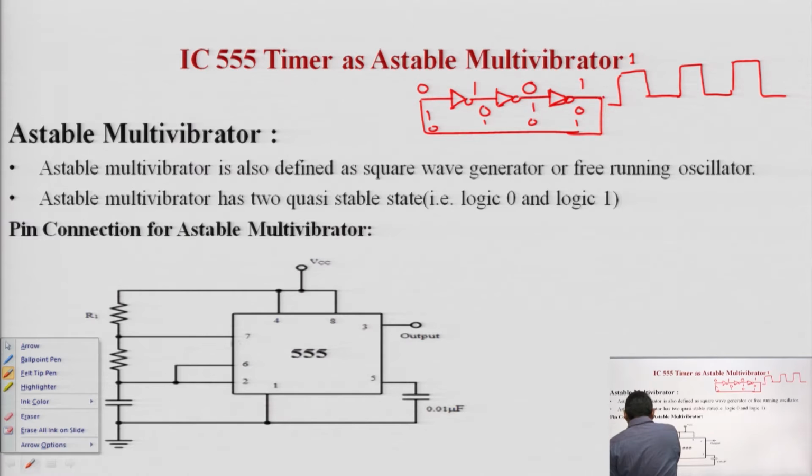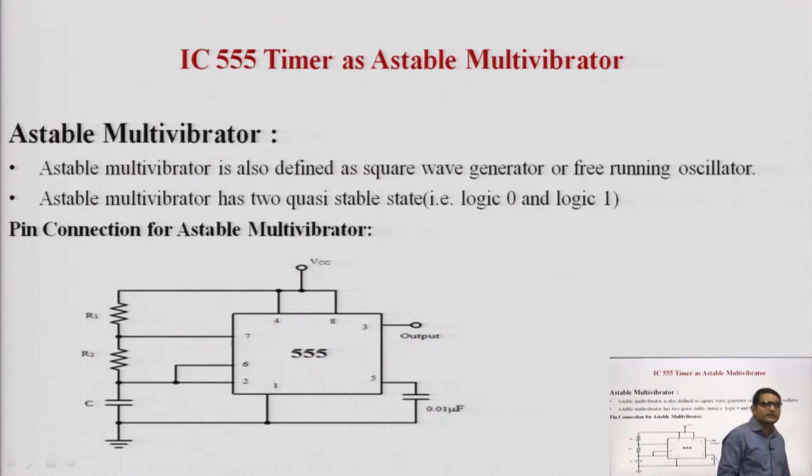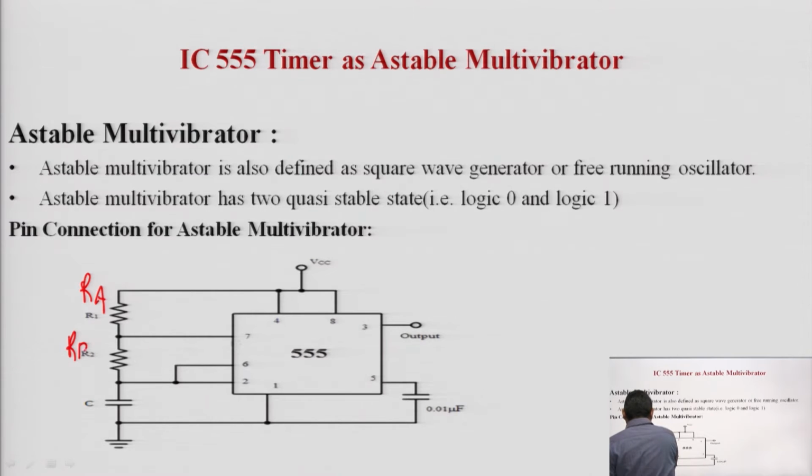From the perspective of the IC 555 timer, this is the pin configuration for the astable multivibrator. Here we consider two external resistors, R1 and R2, and in the derivation we consider R1 as RA and R2 as RB. In this pin diagram, pin 4 is used for reset and pin 8 for power supply, and both are shorted.